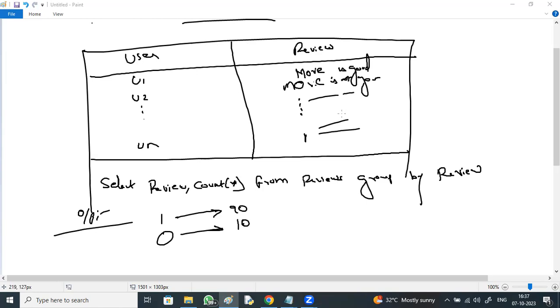Okay, movie is good, movie is not good, right? In this way. Can you write an SQL query to count the number of goods and not goods? We cannot handle this kind of data.